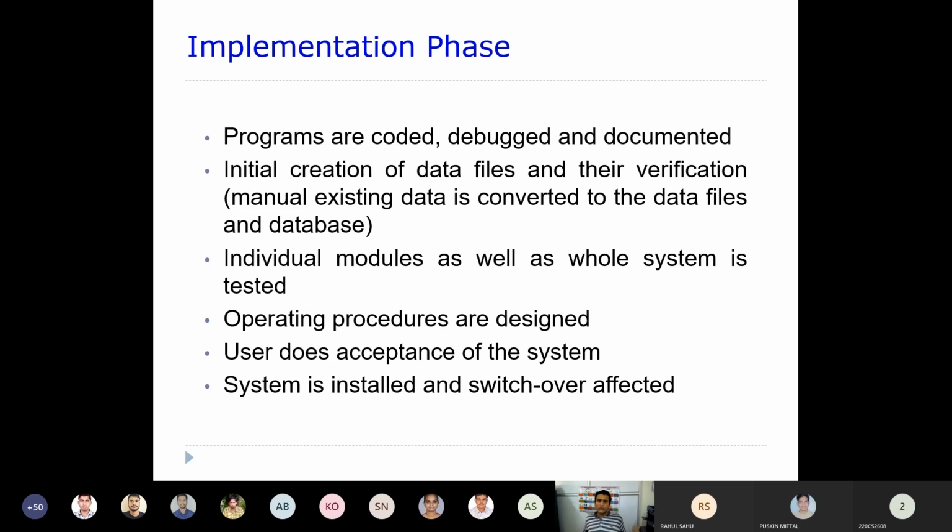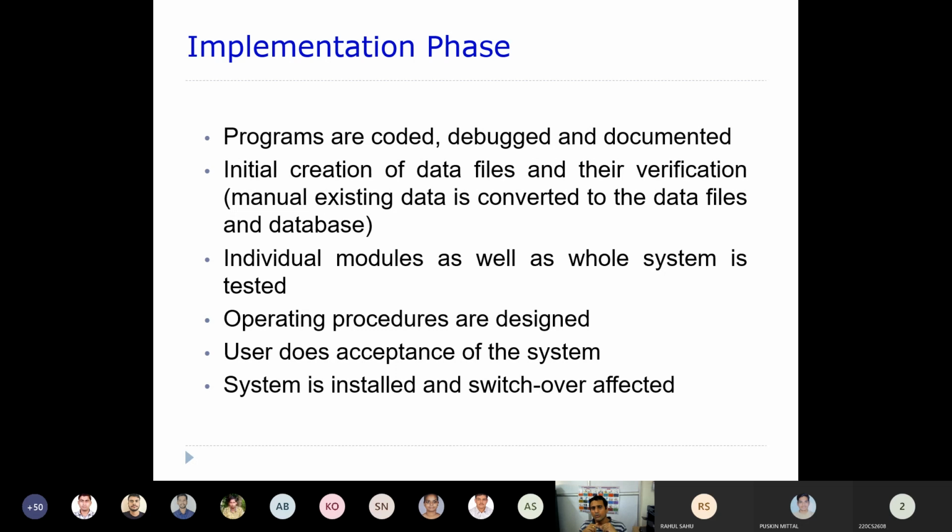That means once those modules are coded, individually you need to test those modules, and then after integrating all of these modules, you need to test once again, because finally you need to check whether the system as a whole is working fine or not. That sort of validation needs to be done, part of the implementation phase only. Operating procedures are designed.